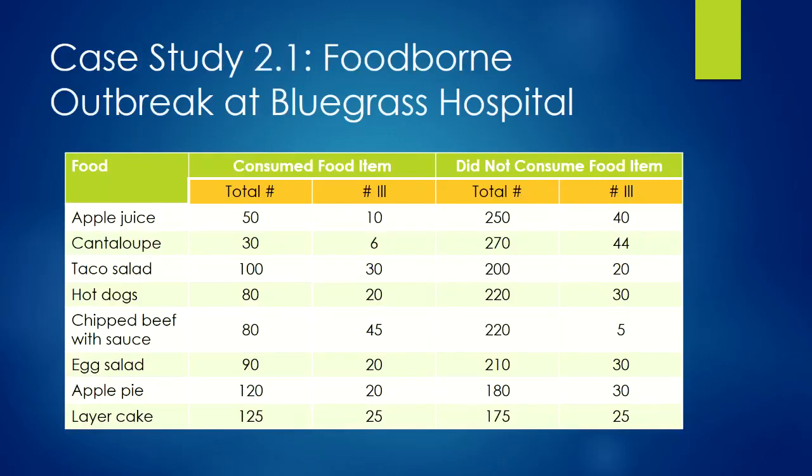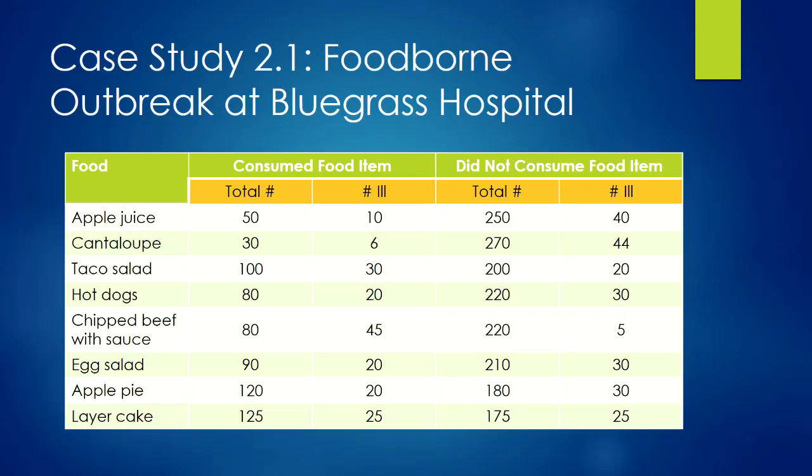You would want to collect information from people who are both sick and not sick. In this case, it's just a single hospital cafeteria. So if you could contact everyone who had eaten there that day, that would be the ideal situation. And then ask them if they had eaten or not eaten all of the food items that were available that could potentially have been the cause of the illness.